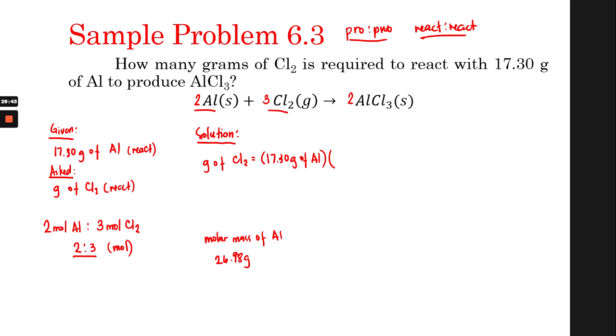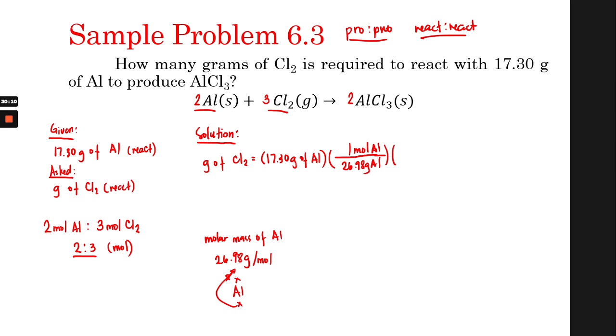26.98 grams per mole in aluminum. Again, this is the bottom number. So if this is your aluminum, you have your number here, another number there. The bottom number is the number that you have to take. So that means that in every 26.98 grams of aluminum, that is equal to 1 mole of aluminum.